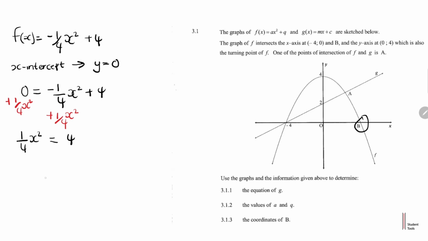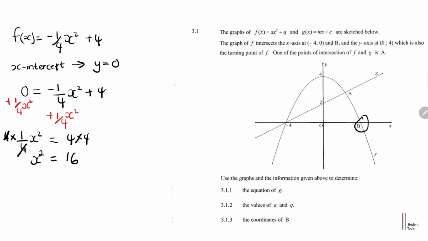And then when we have this, we can get rid of the denominator. So we'll get rid of the denominator by multiplying by 4, and also multiply with 4 on the right hand side as well. So this 4 will cancel this 4, such that here we will be left with x squared equal to 4 multiplied by 4, that is 16.